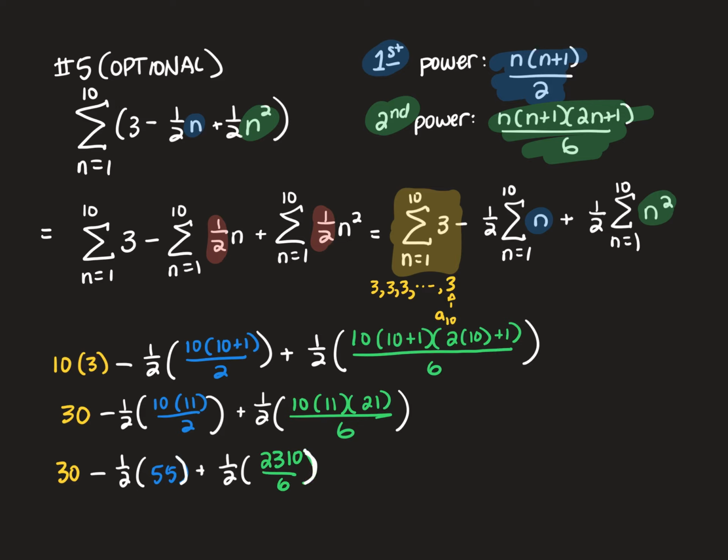That might simplify a little nicer, but I'm not really worried about it because now I'll use my calculator. So I'll do 30 minus 1/2 times 55 plus 1/2 times 2310 over 6, and I'm going to get the sum that you should have gotten in the question, which I think was 195.